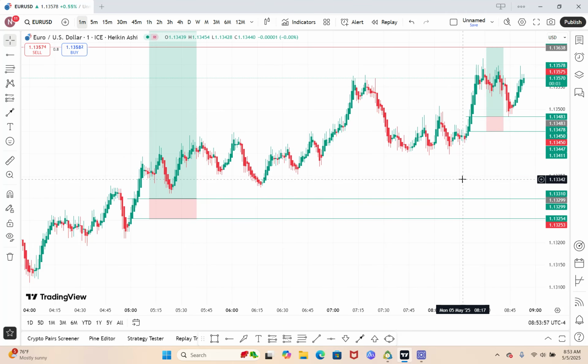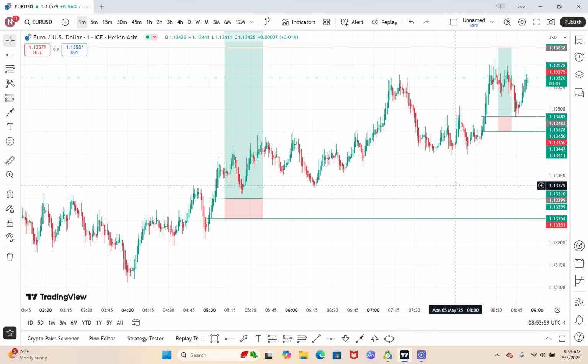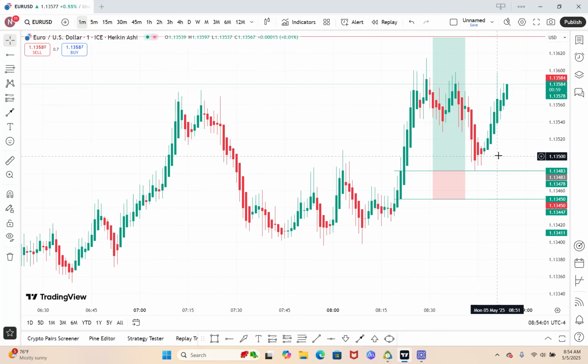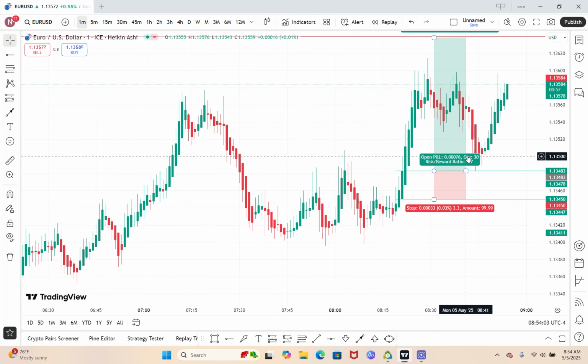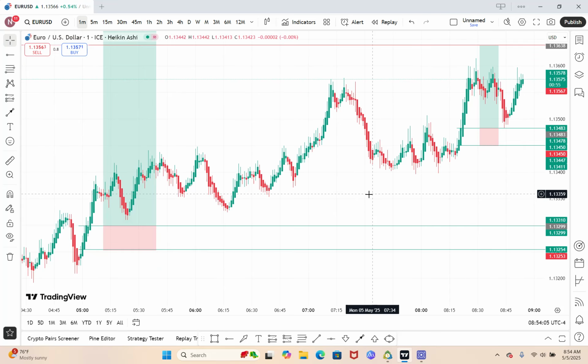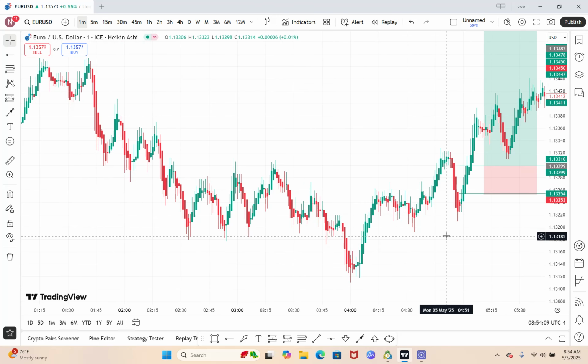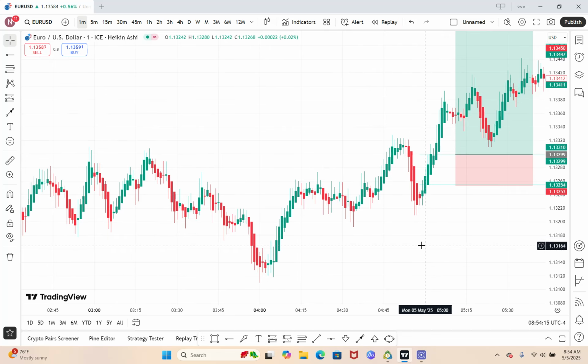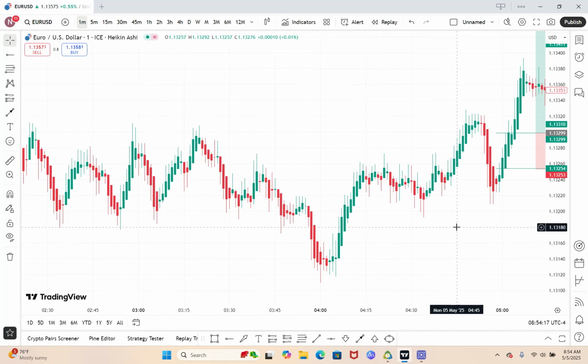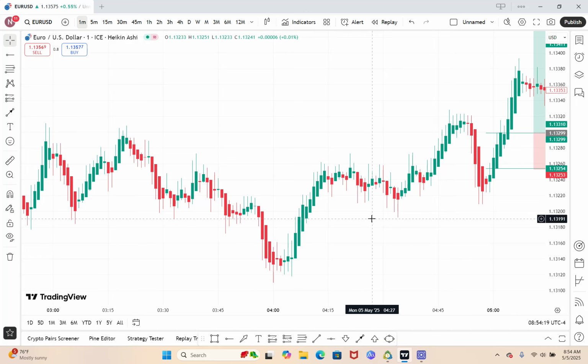Right. So in the meantime, still going up. So in the meantime, I'm going to see if I can find other areas where buyers were in control. All right. This is the area right here.